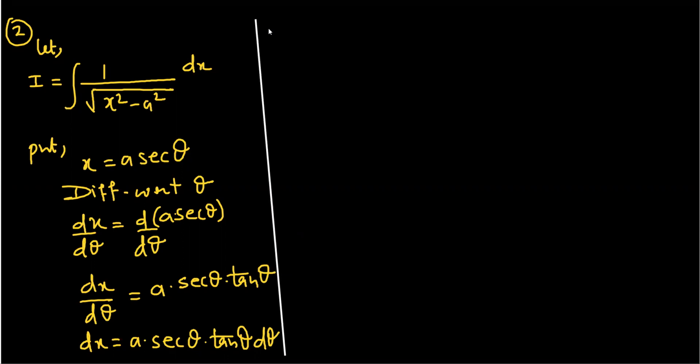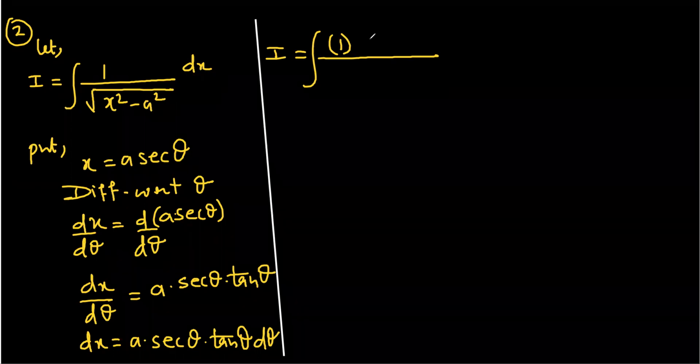What I do next is, now I write the new integral. The new integral will be in theta completely. So I equals to integral of 1 dx. For dx, what do I write?